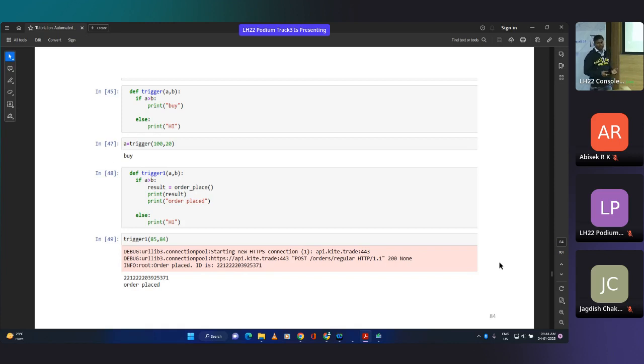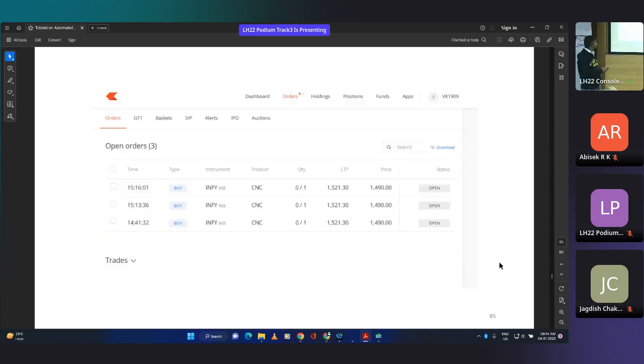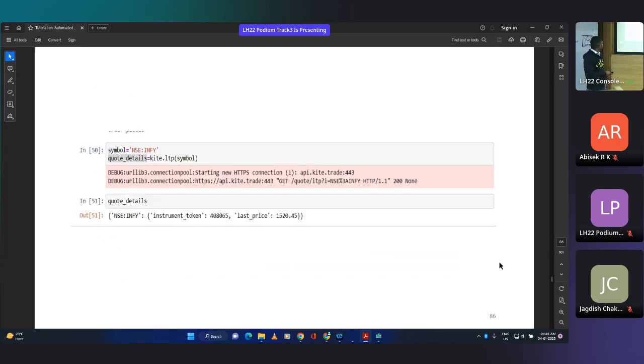Based on that you come to a particular decision, and you can execute that decision by placing an order or closing an order. By using that, you can make any trading strategy. Again, I have placed some orders, and that is reflecting in my actual account.